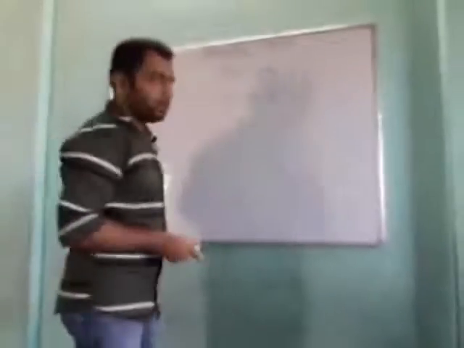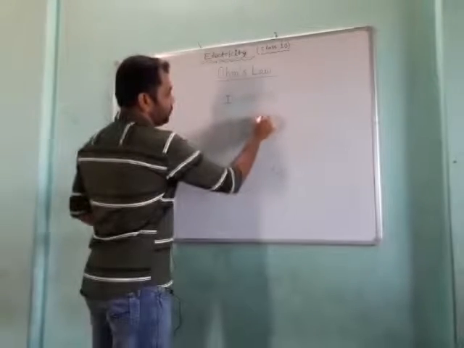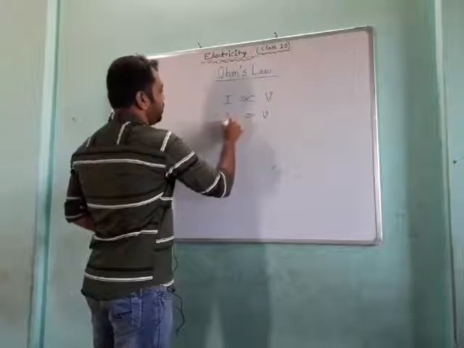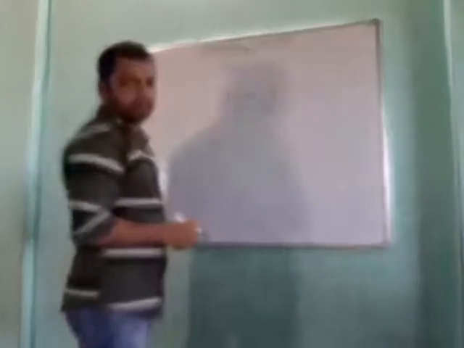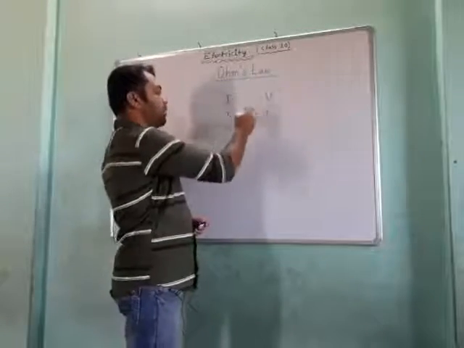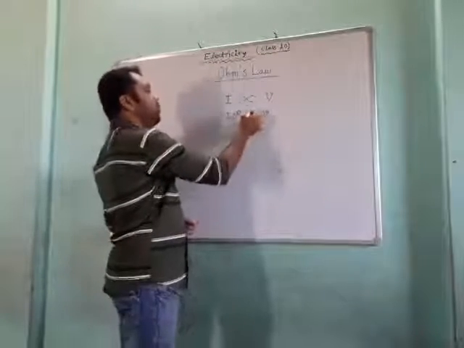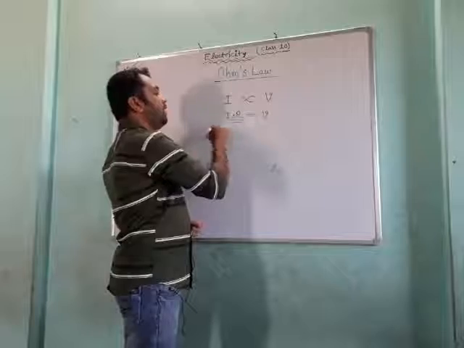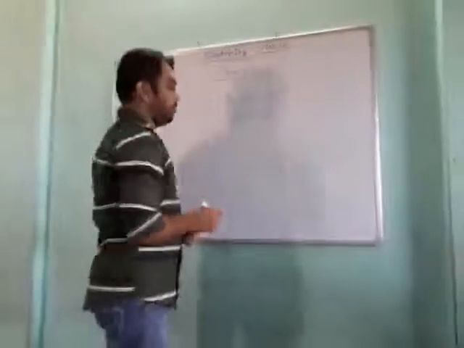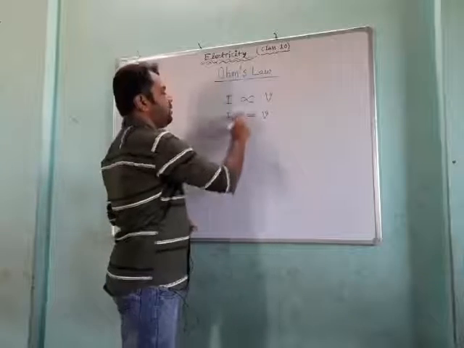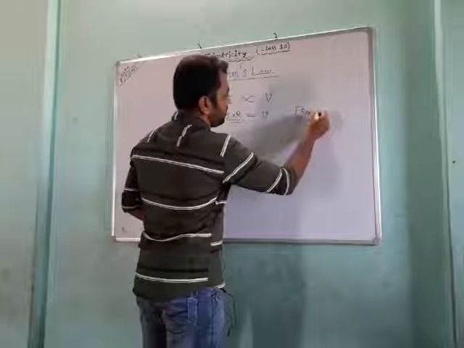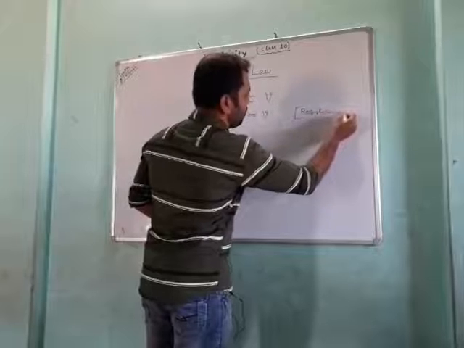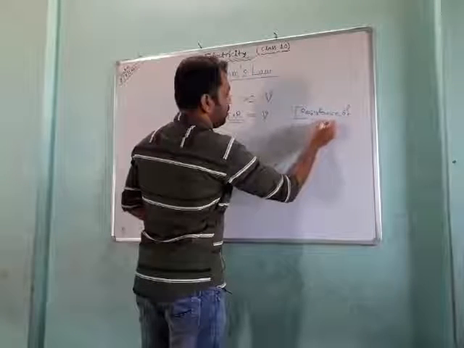From Ohm's law we know that I is proportional to V. To make this equal, we have to multiply by a constant which is R. To make proportional into equal, we have to multiply by some constant R. This constant R is called the resistance of the conductor.